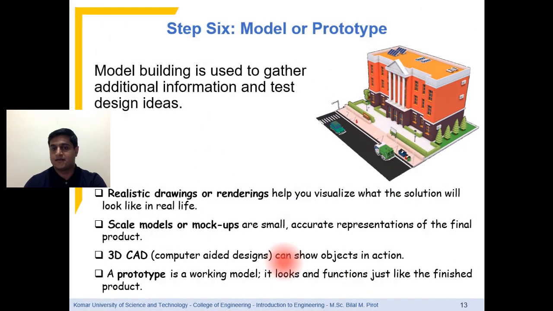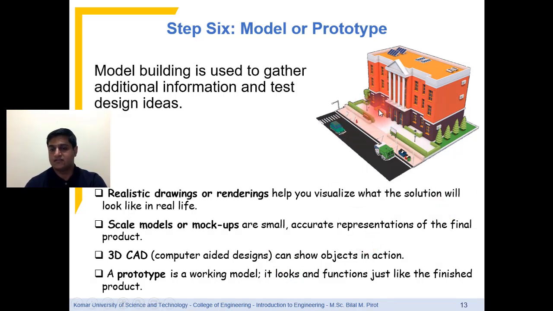Step 6: model or prototype. Modeling is very important in engineering works, because sometimes you will not have enough idea about your project. This is not only for construction projects.